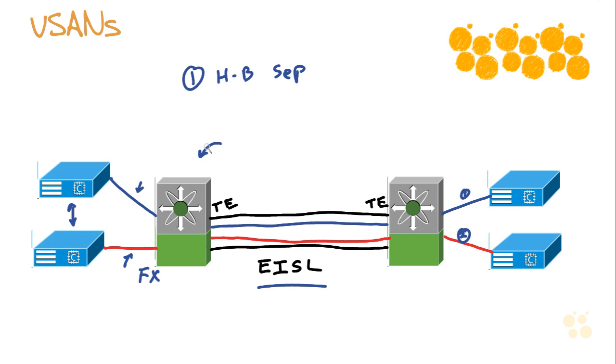Each VSAN can also have a separate Fibre Channel ID allocation policy, either static or dynamic. With our devices, initially, as you probably know, all ports are going to be originally configured in the default VSAN 1.